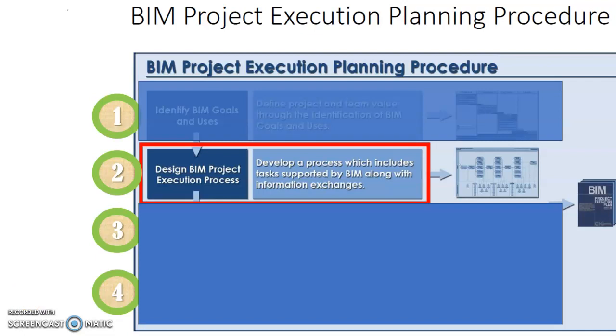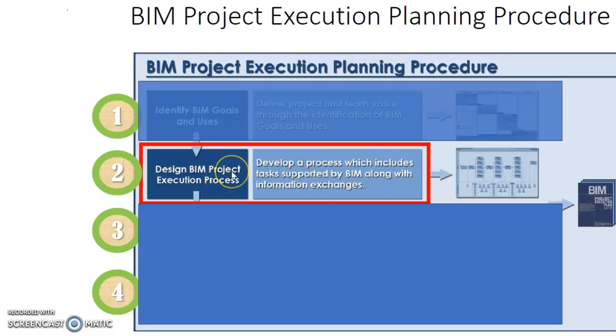Next, we'll go into step 2 of the BIM project execution planning procedure. So you can see here that in step 2, what we want to do is to develop a process which includes the tasks supported by BIM along with the information exchanges.